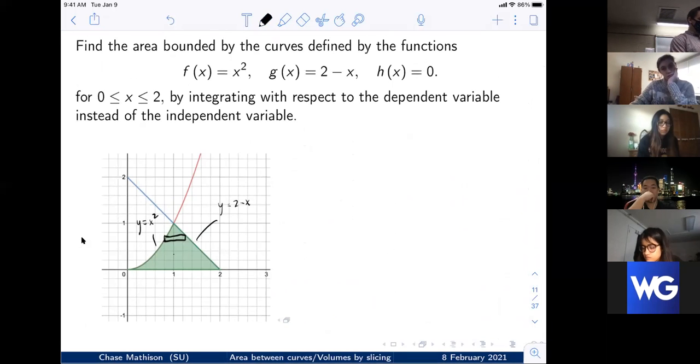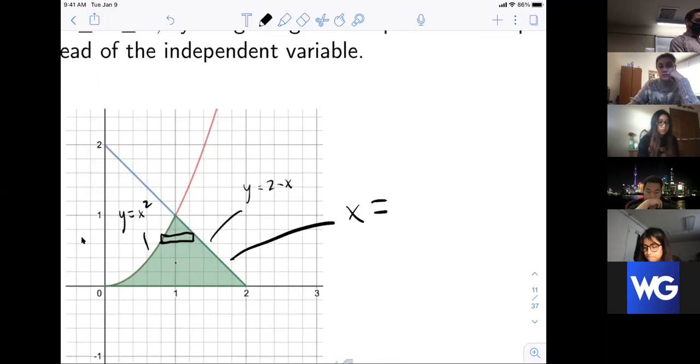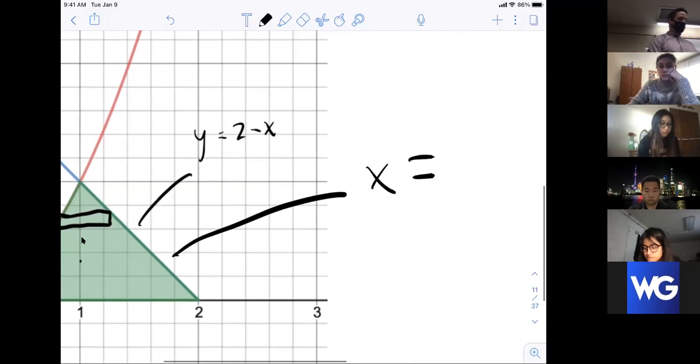Okay. So the only thing we need to be careful about is these curves now are defined in terms of x's. If I'm integrating over the y-axis, I need x as a function of y. Okay, so I need to rename this curve to be x equals something. So right now this curve is defined as y equals 2 minus x.